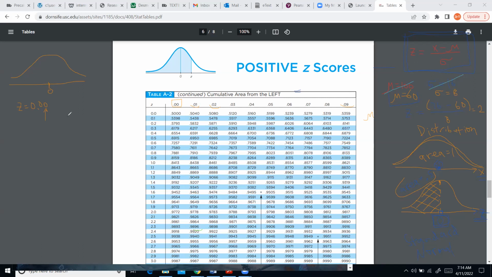And then for the rest of this z, we had 0.0. So that was here in the first row, and on the intersection of the row and the column, we can see the area, which is 0.5000. Alex, 0.5000 is exactly the same as 0.5, and that's exactly what we intuitively saw right away.